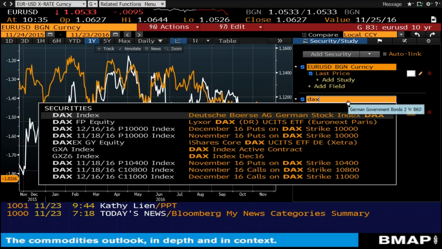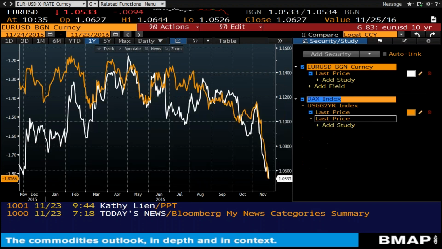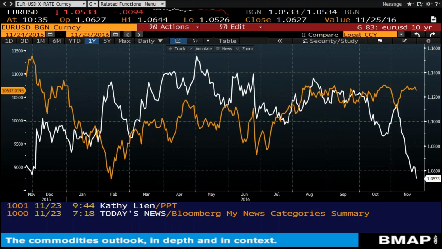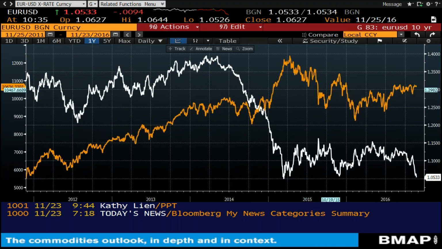I'm changing the orange line from the yield spread to the DAX. And you'll see that on a 5-year basis, well, actually it looks like more of an inverse correlation, doesn't it? I think that it's because the Eurozone has a lot of its unique problems. But generally speaking, if you look in the past, like 2012 to 2014, there's a very strong positive correlation.